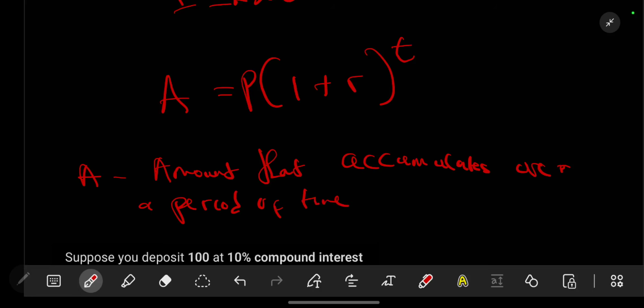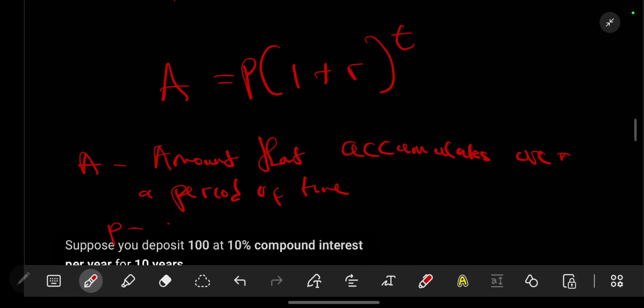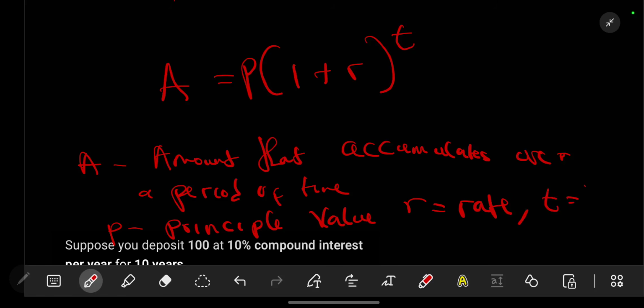Then our P is the principal value, which is the value that you put in. If you started with 100 kwacha, that will be your principal. Then our R is our rate, and our T is our time.